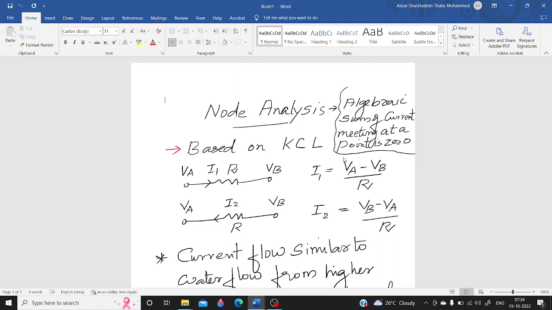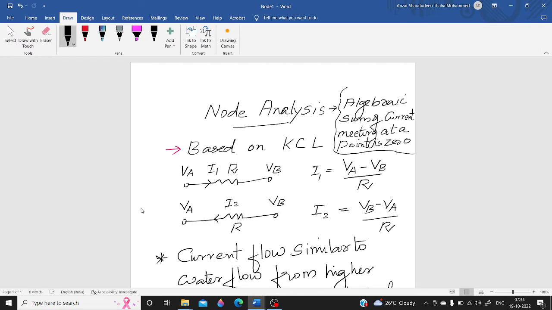So here we have written I1 is equal to VA minus VB by R. Now suppose the current direction is from B to A. In that case VB will be at a higher potential compared to VA. So the current equation I2 in this resistor becomes VB minus VA divided by R.